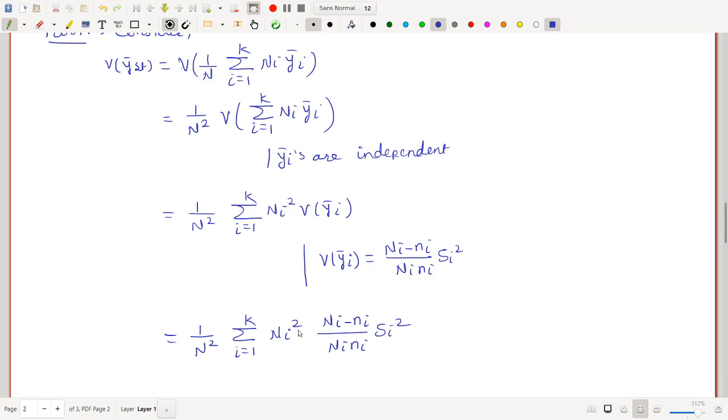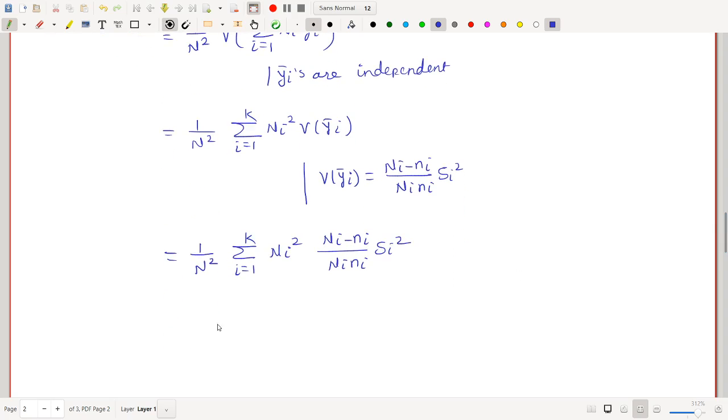Now look here. One Ni will get cancelled with this Ni, and whatever remains is our first answer. So 1 upon N square, summation i running from 1 to k.